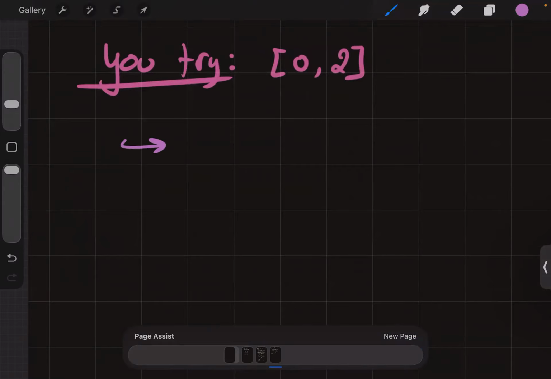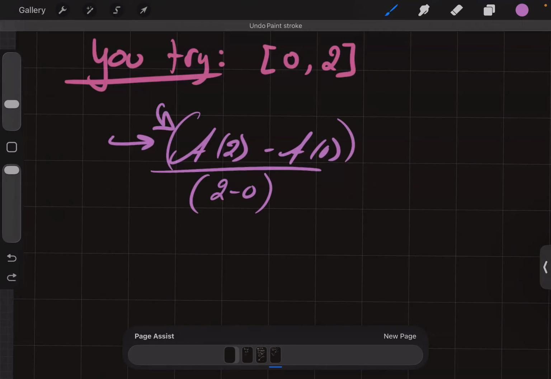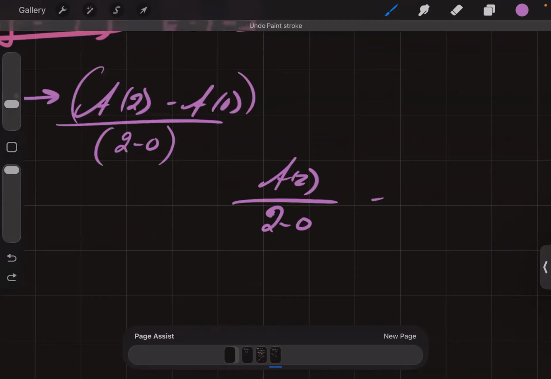So if we work it out, we'll have f of 2 minus f of 0 all over 2 minus 0. I'm going to drop the outer parentheses because I don't make as many mistakes with this business. You can as well, as long as you're not saying stuff like, oh, f of 2 over 2 minus 0 minus f of 0, okay? That would be bad.